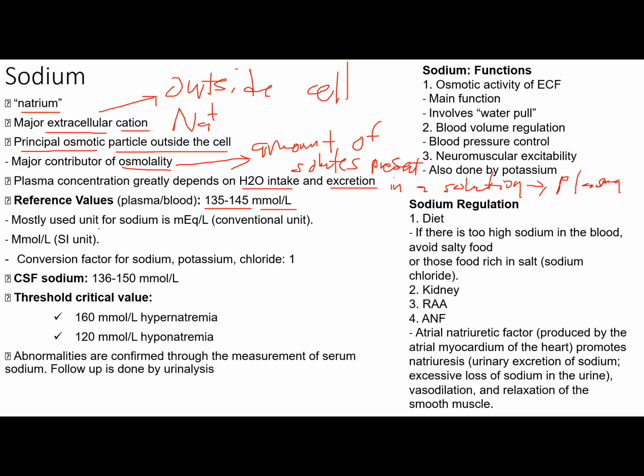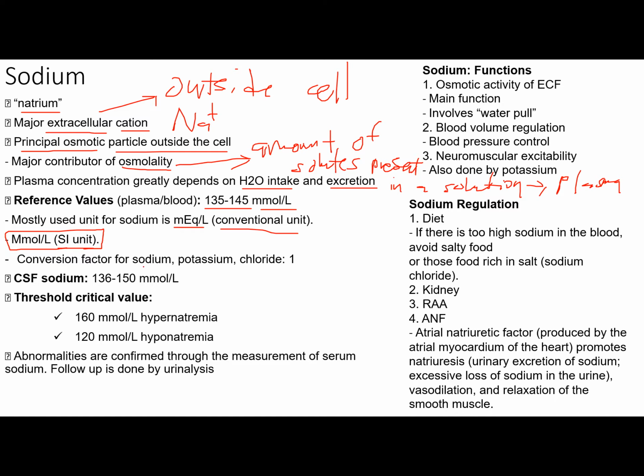Now, the mostly used unit for sodium, class, is your mEq per liter, which is the conventional unit, while the millimole per liter is the SI unit. But in laboratories, class, pag nag-work na kayo and even your internship, mas ginagamit pa rin ng international standard or standard international unit yung SI, which is the millimole. But in some laboratories in other countries, nag-mEq sila.